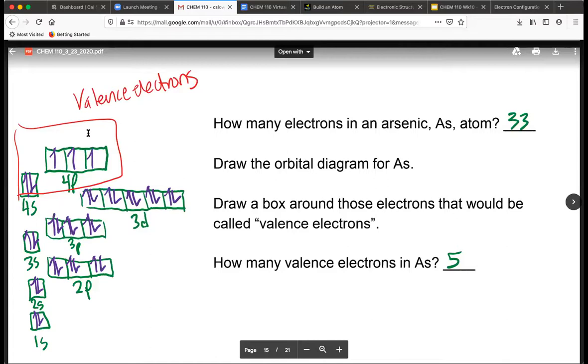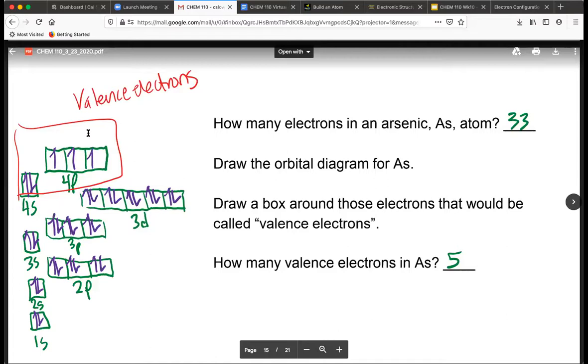So Summer had a great question about why we don't have paired electrons in 4p. This is one of the rules: we always fill each orbital with individual electrons before we pair. We have the Aufbau principle, which is that I always build from the bottom up. We have Hund's rule, which says I always have to fill singly before pairing.